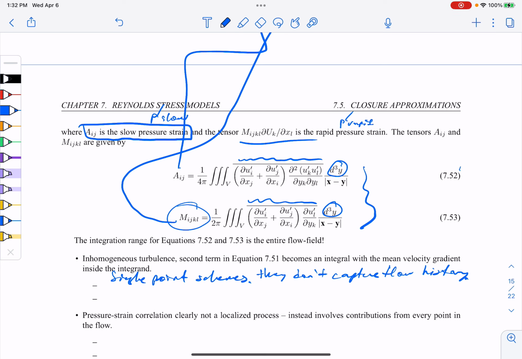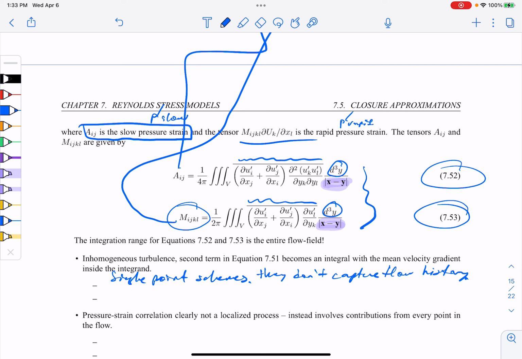And you can see equations 752 and 753 are really two-point relations because you're looking at integration between every two points, vector x and vector y, which are any two points from the origin in your turbulent field. I can't stress this enough. So this is really a two-point formulation, even if it's homogeneous turbulence.